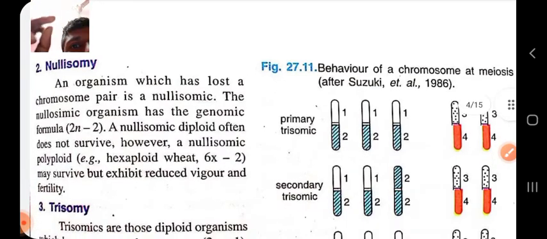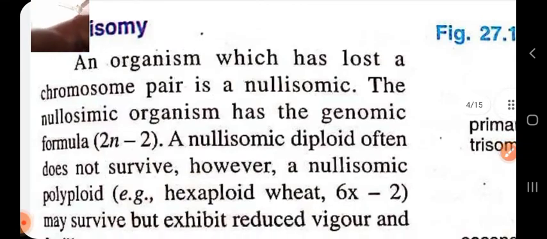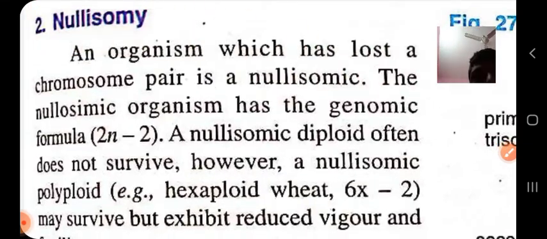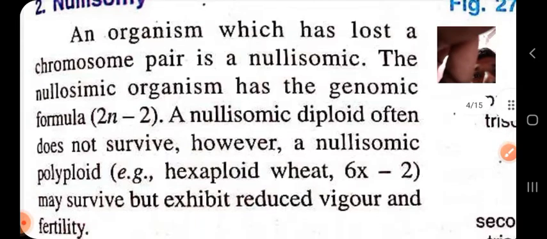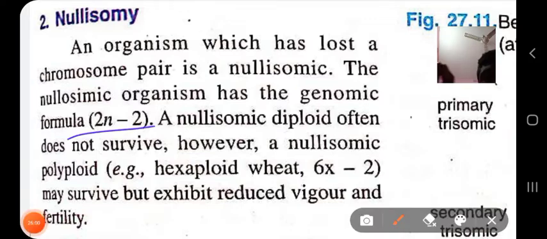So here again I have said about nullisomy. A nullisomic is an organism which has lost a chromosome pair, and it has the genomic formula of 2n minus 2.